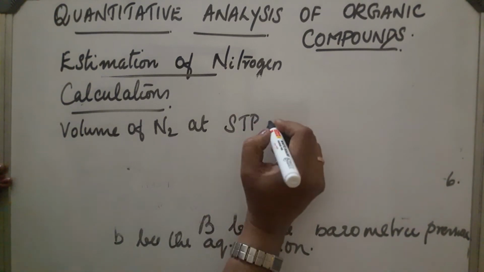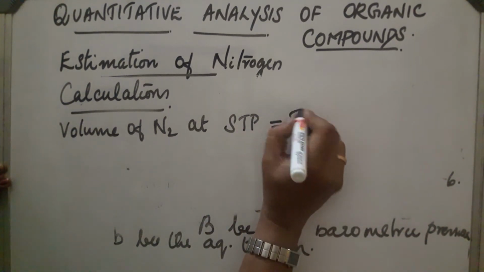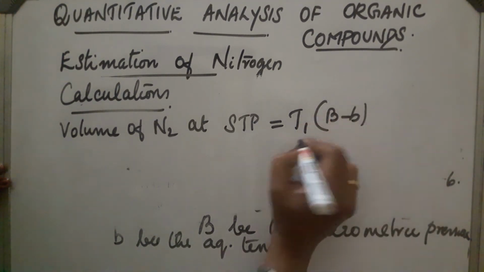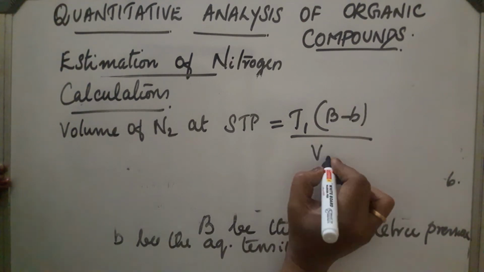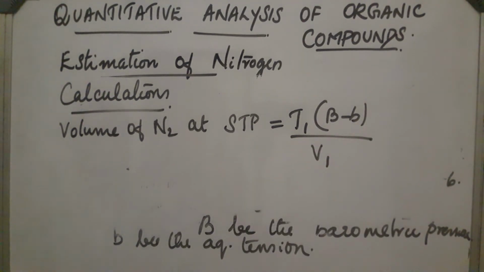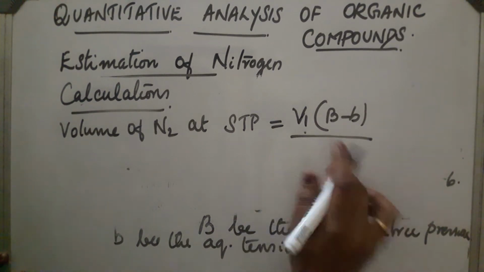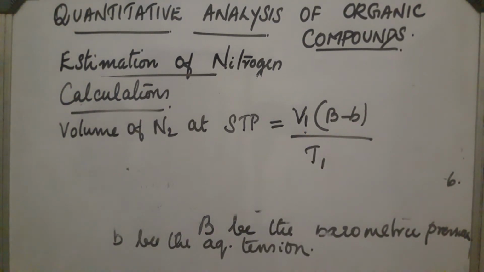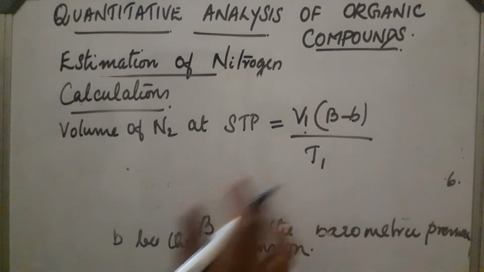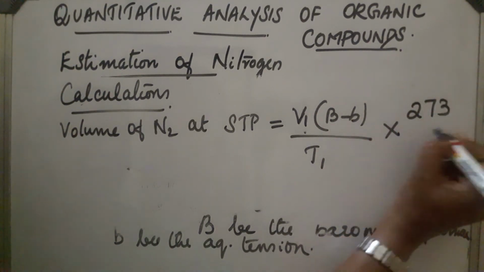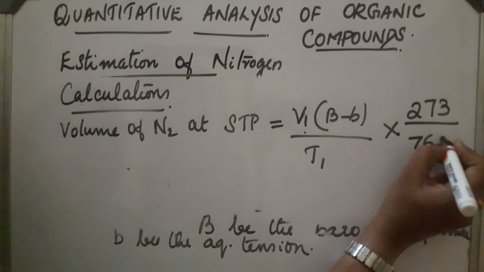The volume of nitrogen at STP is equal to P1 V1 by T1 into 273 by 760. Here V1 is the known volume, B minus b is the pressure at room temperature, T1 is the room temperature, 273 is the temperature at STP and 760 is the pressure at STP.